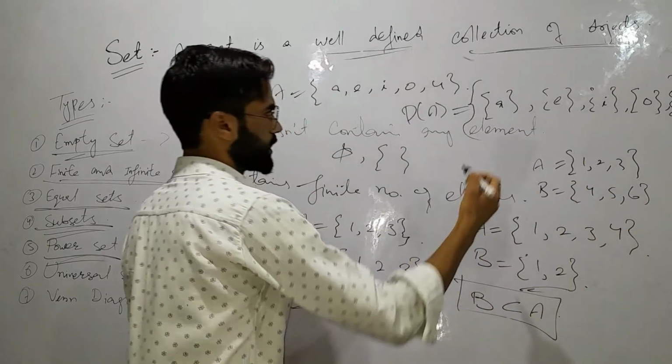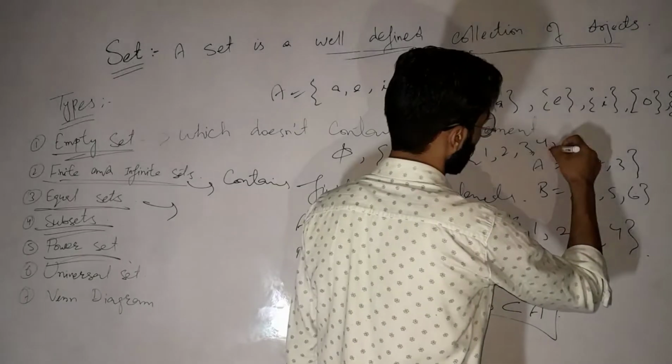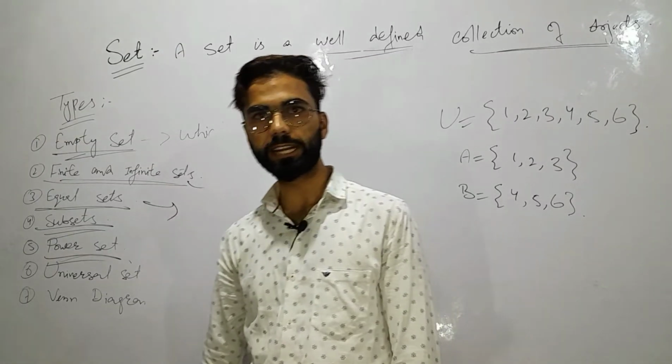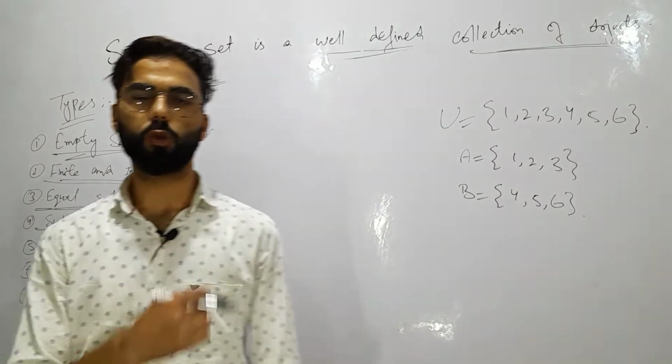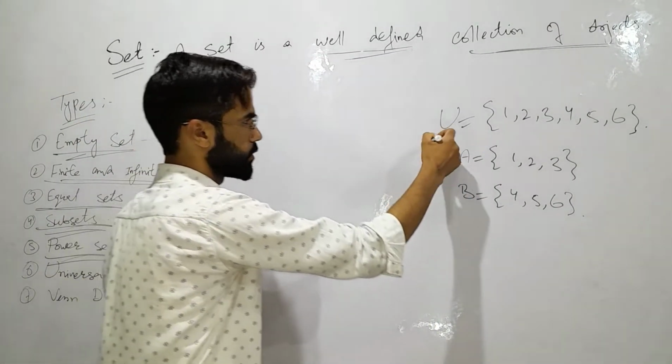So the universal set U is equal to 1, 2, 3, 4, 5, and 6. The set that contains all the sets in the given context is called the universal set and is denoted by U.